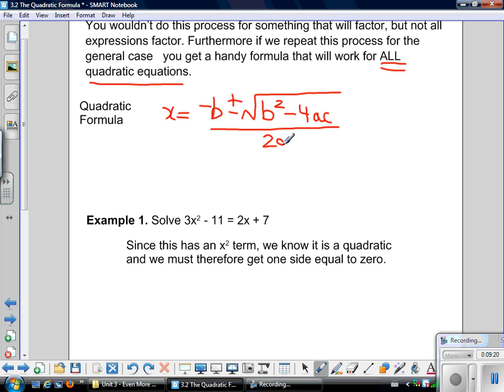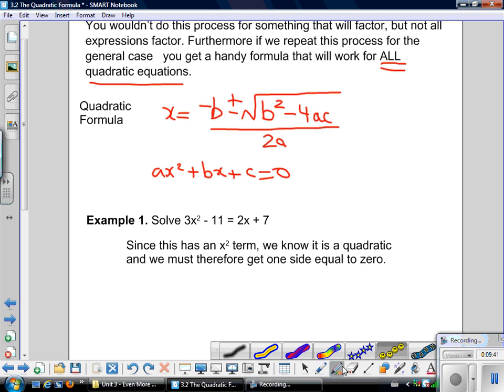And where we're getting these a, b, and c from is the standard form, ax squared plus bx plus c equals 0. So that's where our a, b, and c come from for this equation.